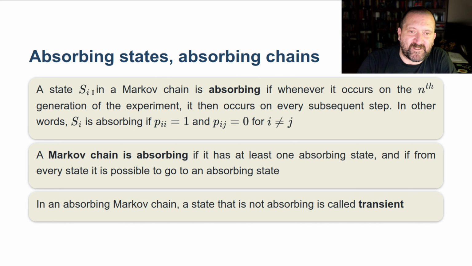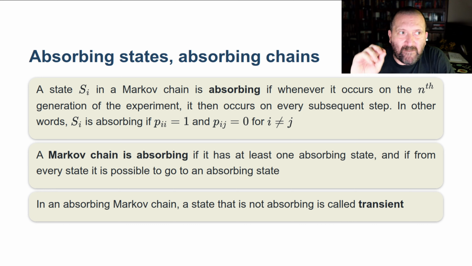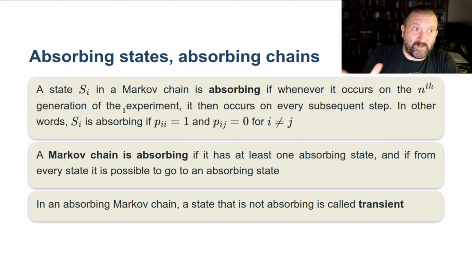A state Si is absorbing if whenever you hit that state at a given time, you remain in that state for every subsequent time. In terms of the transition matrix, a state Si is absorbing if the probability of moving from i to i is 1, and the probability of moving from i to any other state is 0.